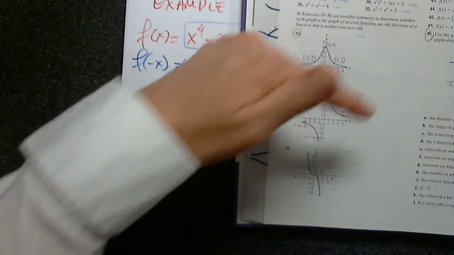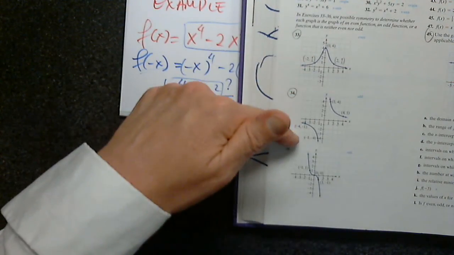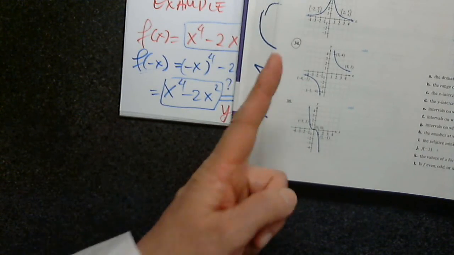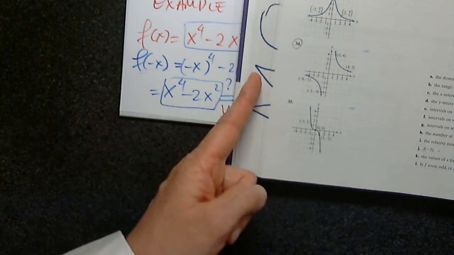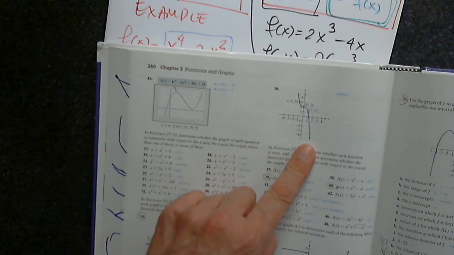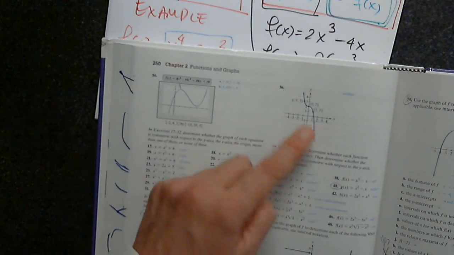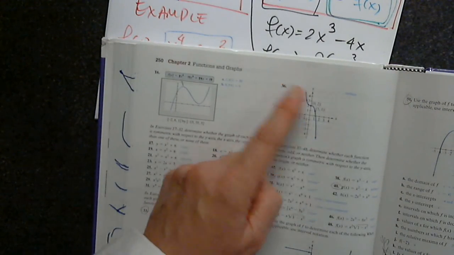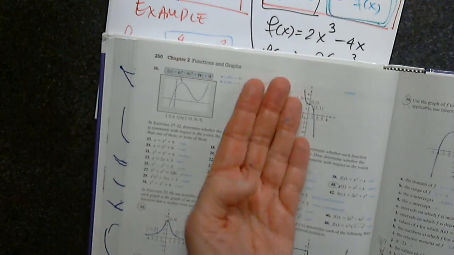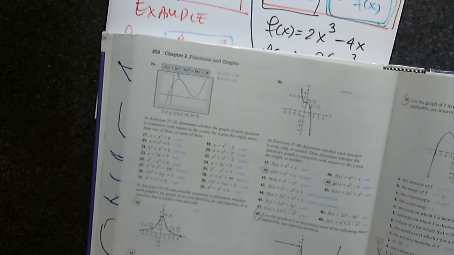It's symmetric with respect to the origin, so it's an odd function. What about this graph? Symmetric with respect to the origin, so it's odd. What about this graph up here? It's none of the above. It's not symmetric with respect to the origin, and it's not symmetric with respect to the y-axis.